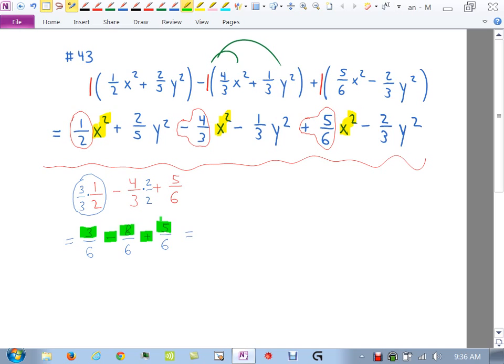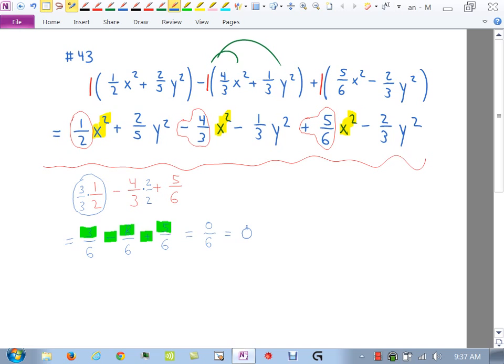0. 3 minus 8 is -5, right? 3 minus 8 is -5, plus 5 is 0. So you get 0/6, which is 0. Do you agree?